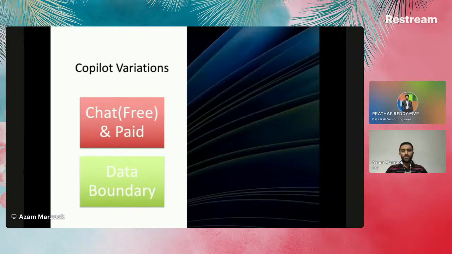And even on the paid version, the standard version that you get when you have E3 or Business Premium hasn't got access to your data. You need to get a Copilot paid license for the Copilot to access your data and provide insights using your data. So that's, if you like, there's three versions. You have the absolute free version.